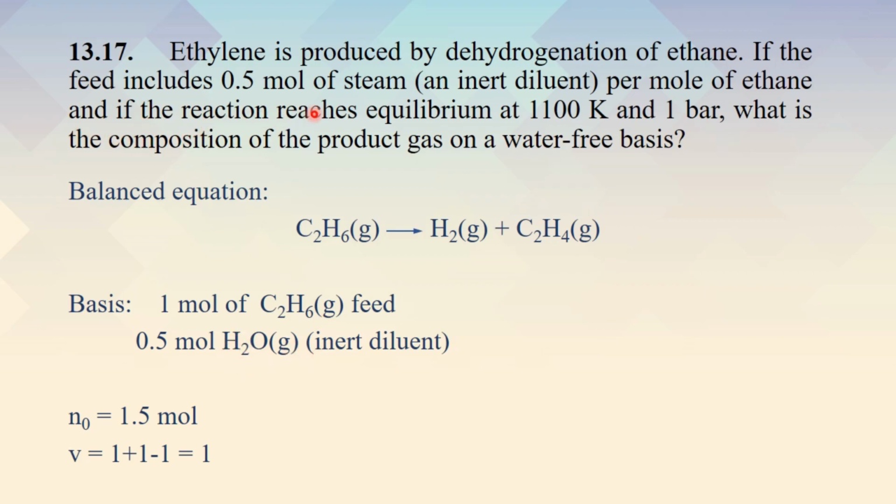If the reaction reaches equilibrium at 1100 Kelvin and pressure 1 bar, what is the composition of the product gas on the water-free basis? So we have N naught equal to 1.5 mole, which is the initial amount, 1 mole of ethane with 0.5 mole of steam, and we have the stoichiometric coefficient equal to 1, which is 1 H2 plus 1 C2H4 minus 1 reactant, which is C2H6 ethane.